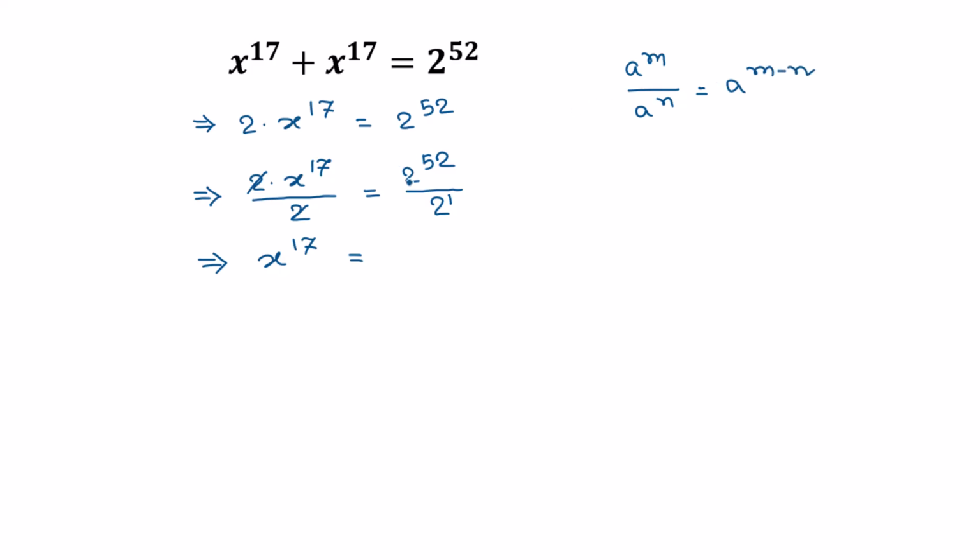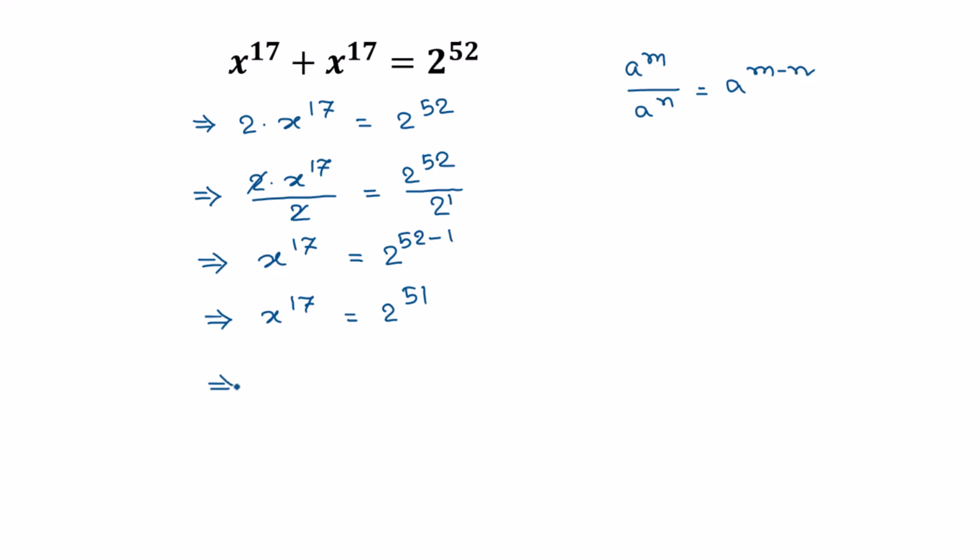So applying this formula, this 2 as a, this 52 as m, and this 1 as n, you can write 2 to the power of 52 minus this 1. On the left side x to the power 17 is equal to, on the right side, 2 to the power of 52 minus 1, this will be 51.